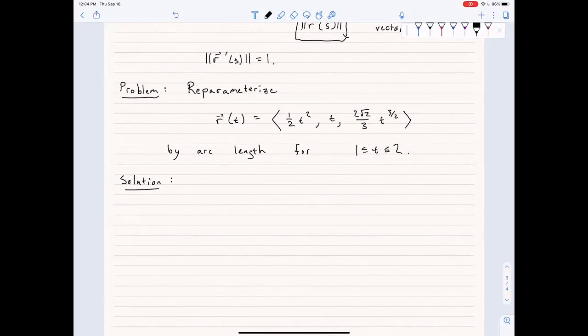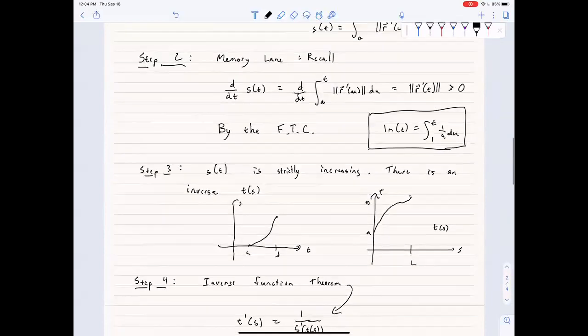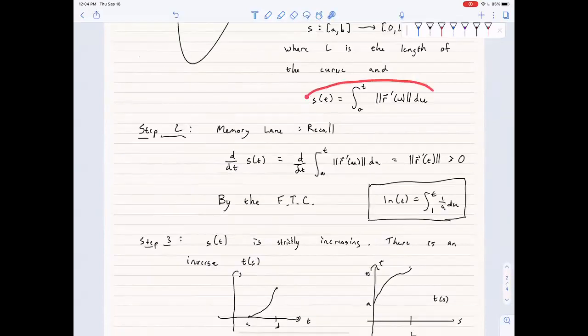All right. So first step, we want to find the arc length function. This is usually the hardest part of this type of a problem. Let's go back a second to when we define this arc length function here. I use this dummy variable U. You want to do that. I want to say, really do that.